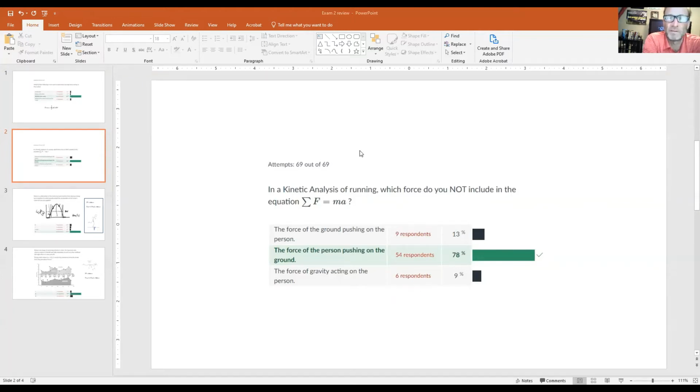And the sum of the forces on the left-hand side of the equality sign, we just add up all the forces acting on the object. Newton's third law tells us for every force acting on an object, there's an equal and opposite force created by the object. We do not put the by forces into this equation when we do a kinetic analysis.